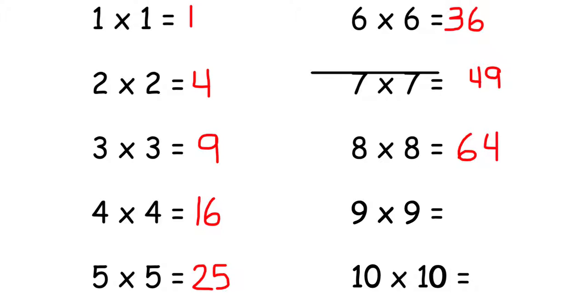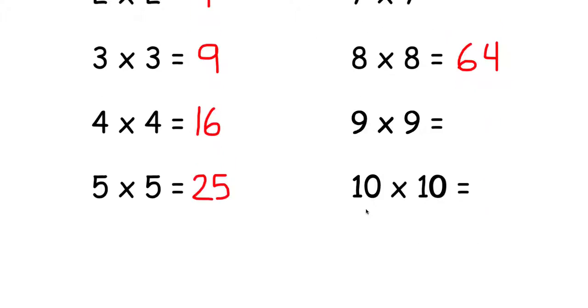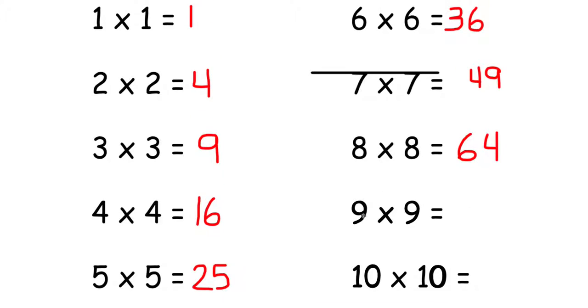For this next one here, 9 times 9, I've seen some kids remember it this way, where they did 9 plus 9, and when they did 9 plus 9, that equals 18. So they would get 18 for their answer, which is true that 9 plus 9 is 18.